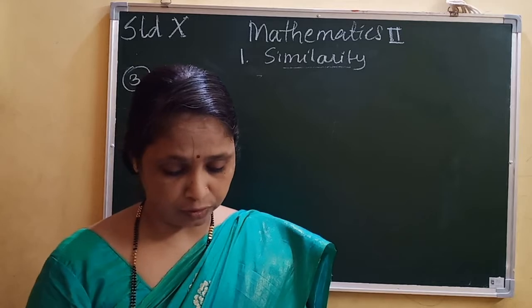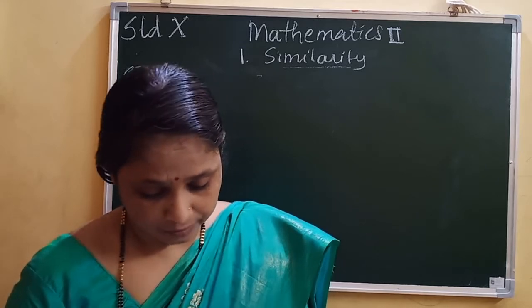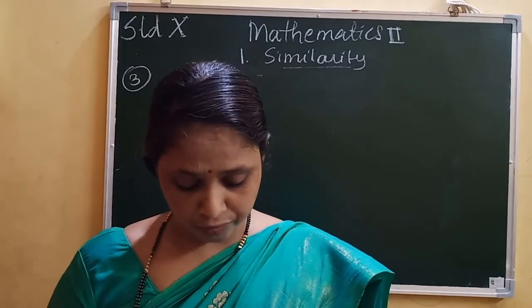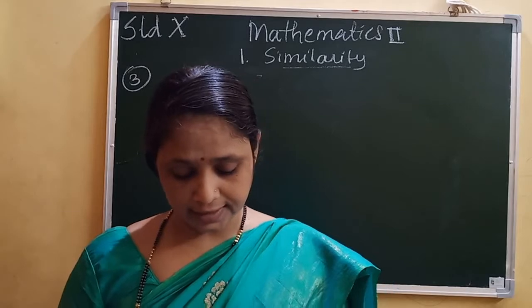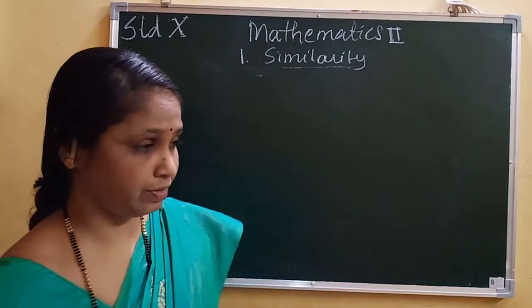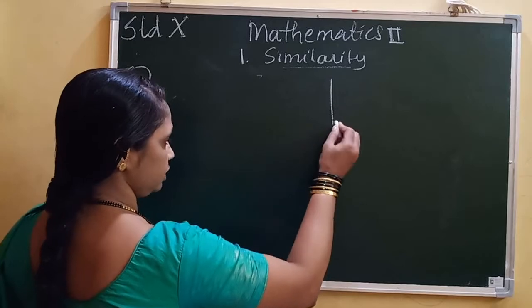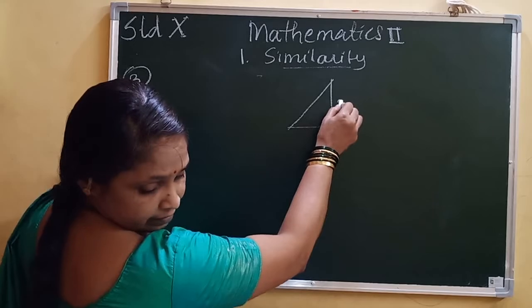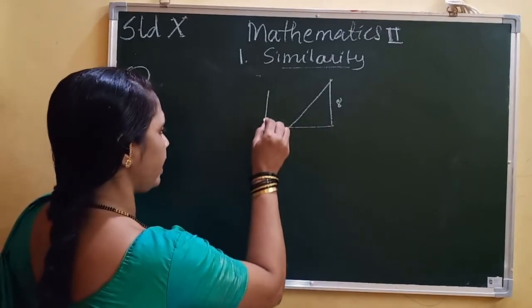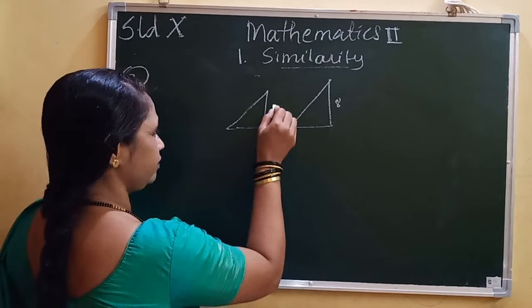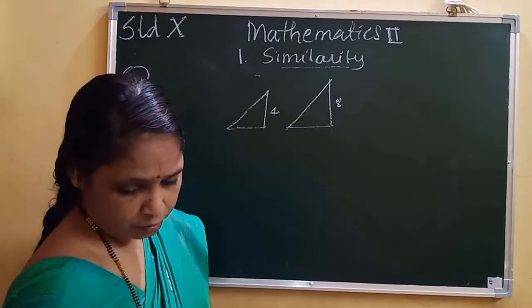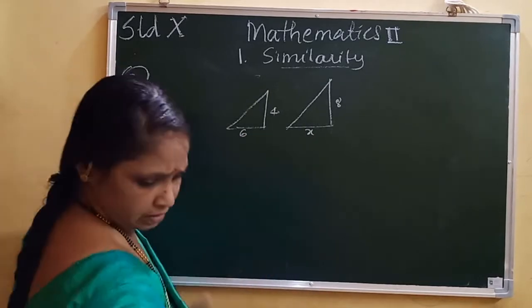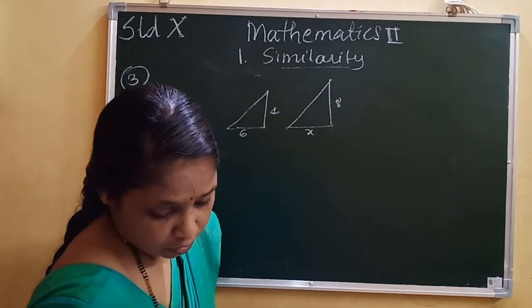If the length of the shadow of the smaller pole due to the sunlight is 6 meter, then how long will the shadow of the bigger pole be at the same time? Now here two poles are there, one bigger pole and one smaller pole. The bigger pole's height is 8 meter and the smaller pole's height is 4 meter. And the shadow of the bigger pole we have to find out, and the shadow of the smaller pole is 6 meter.